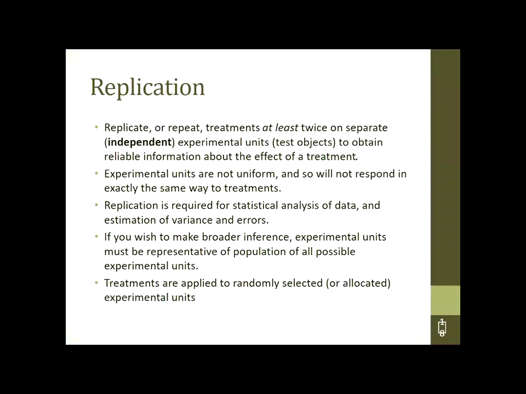Then we would have some sort of pattern from the experimental units that would be applied to the treatments. So we would have a confounding effect or a bias, because variance that's also in the experimental units is affecting the treatment differences. So treatments are always randomly allocated to experimental units, not the other way around.